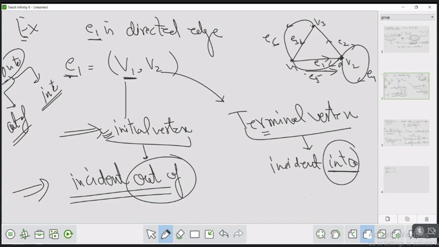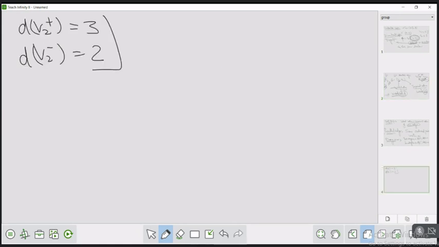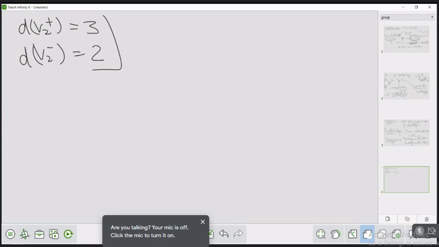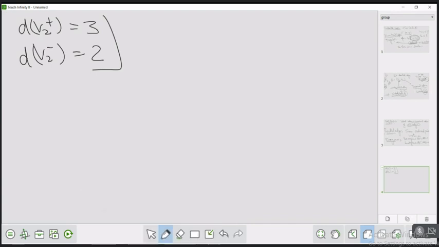The self loop is counted twice in an undirected graph. 3 is from this one and 2 from the self loop, so the total degree is 5. If we take the sum of these two, it will be 5. Yes sir, it is clear.